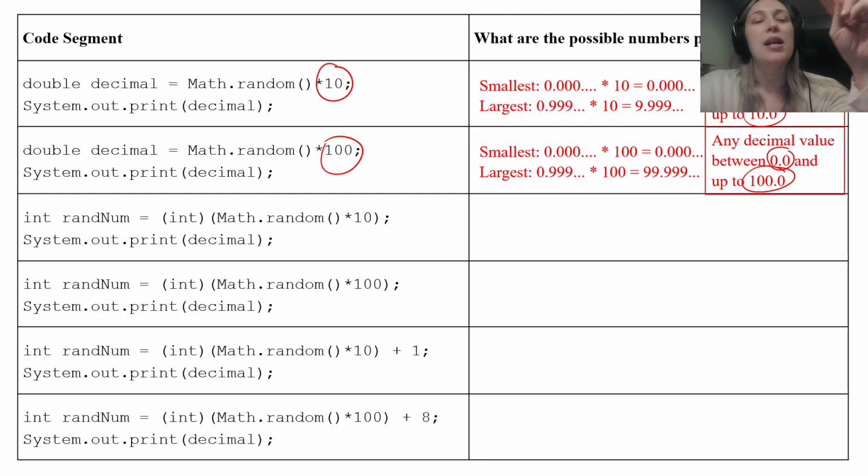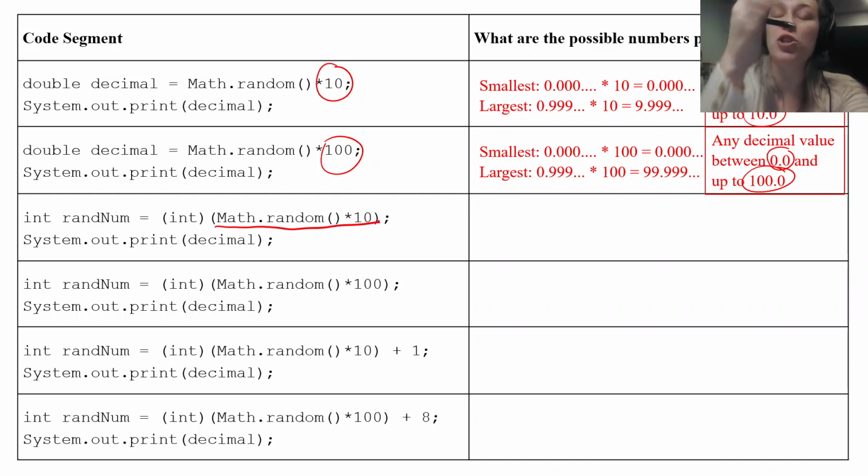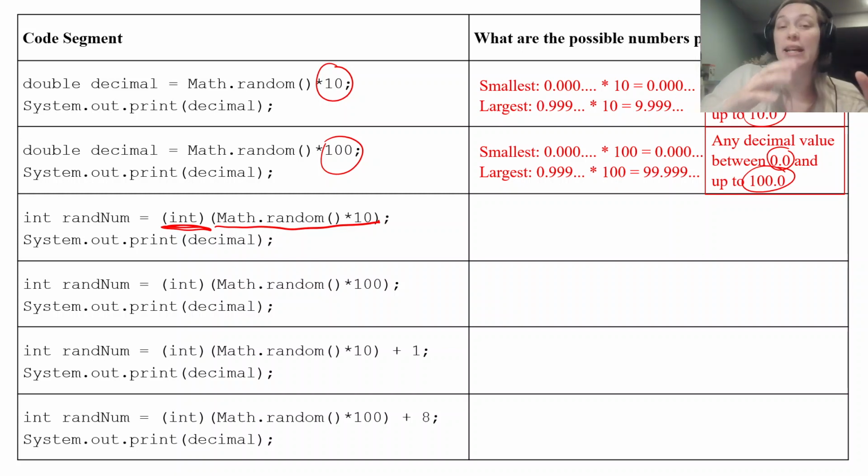Okay? In the next piece, we're going to take that logic, knowing that math.random times 10 gives us a value between 0 and 10, and we're going to typecast it. Okay, so you see we get the math.random times 10, that happens first because that's in parentheses, and then the typecast of an int happens.